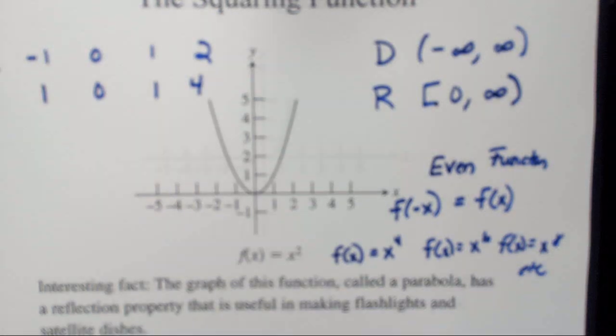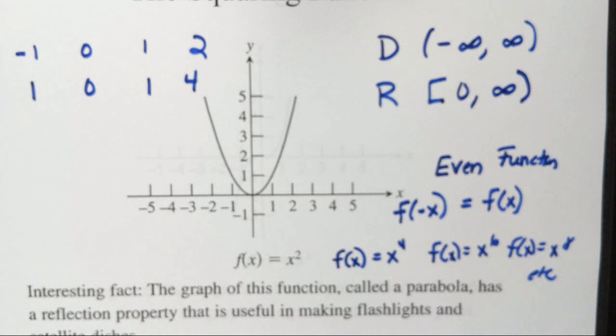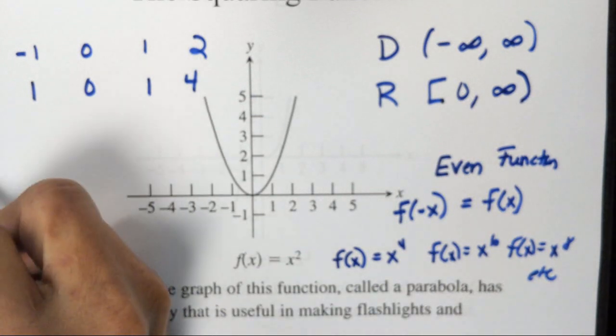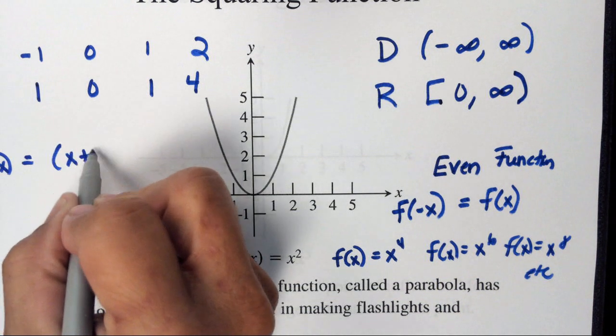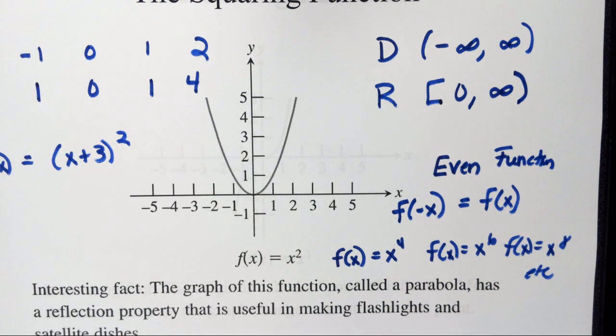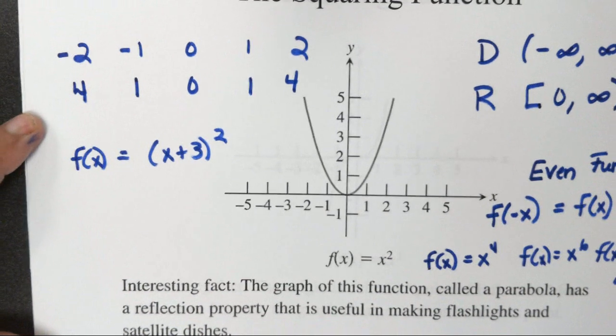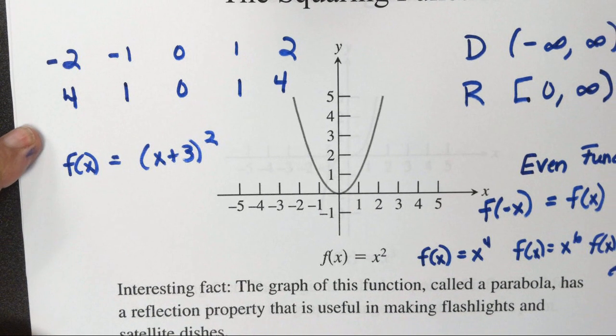So is that a guideline for getting that on my graph? And then what would this do to those points? Move them left 3. So everything would move left 3.